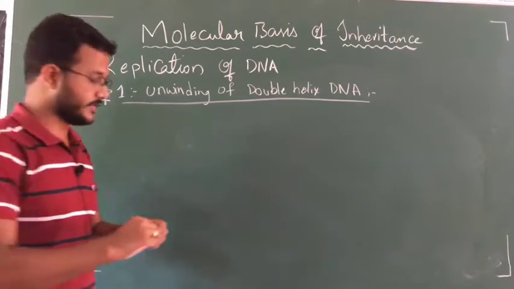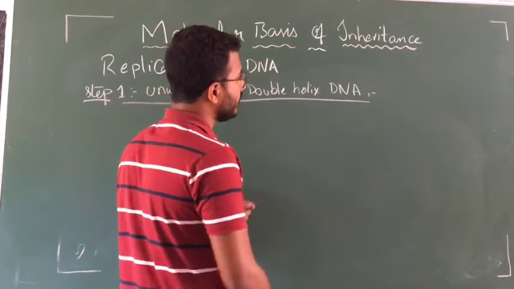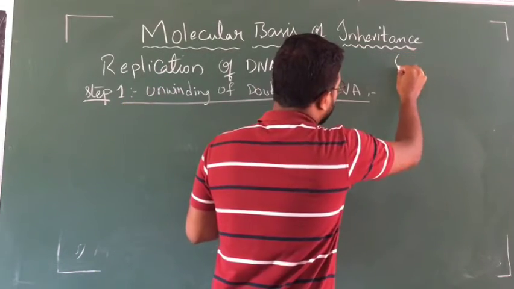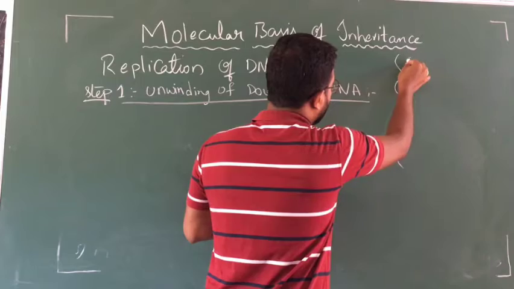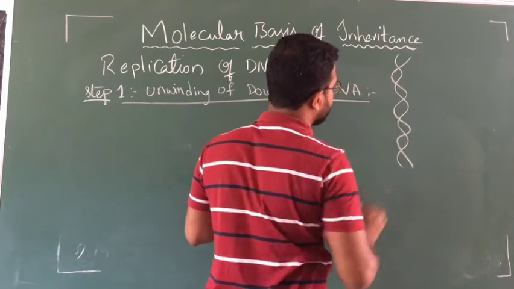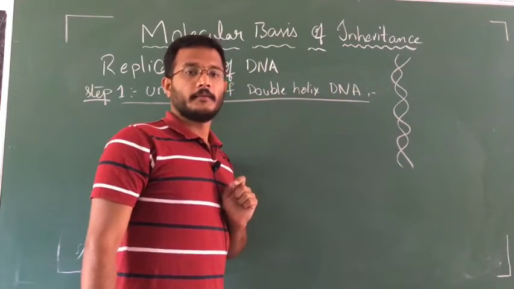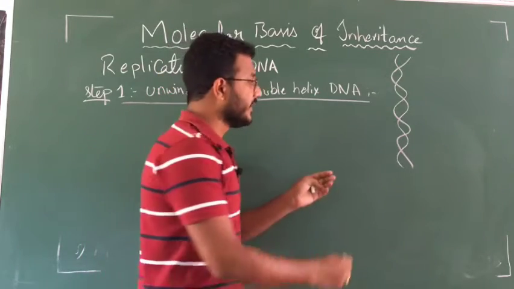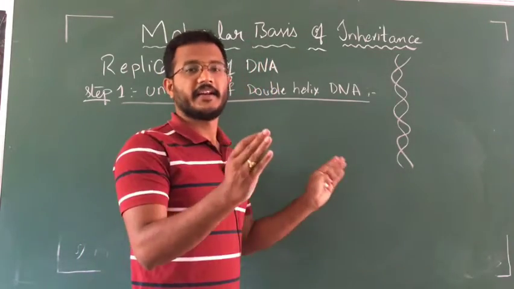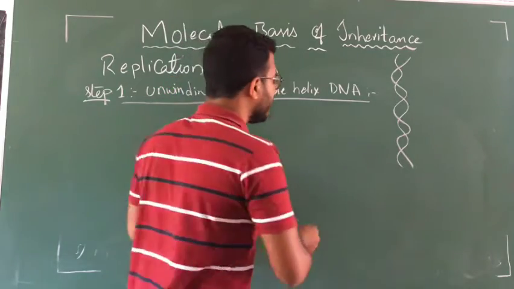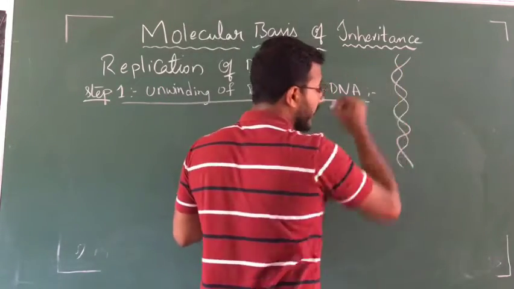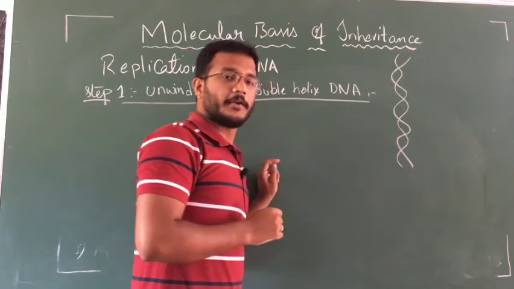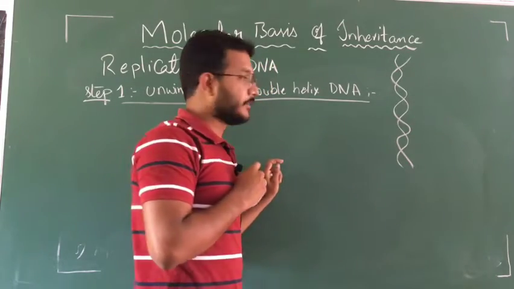We have to see. For example, the DNA is like this, a double helix. For the process of replication, the DNA has to unwind. The helix is formed because of hydrogen bonds between different nitrogen bases.